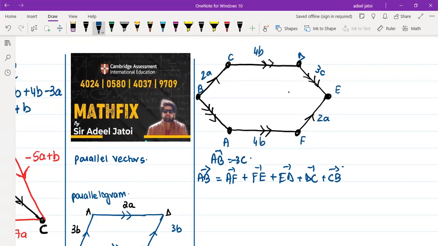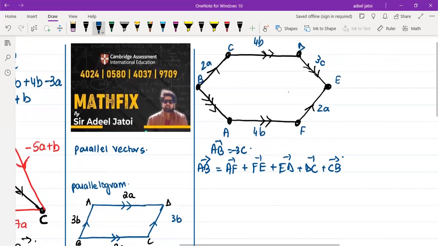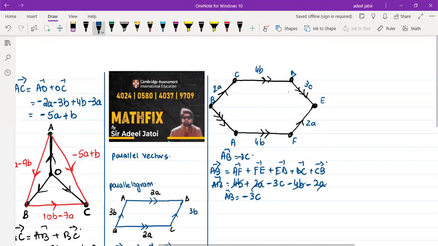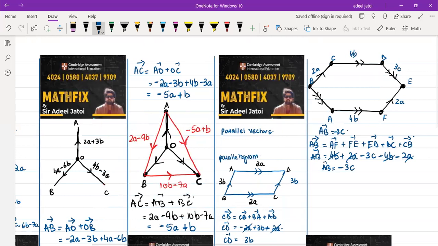This is the route that I have created. So this is going to be 4B plus 2A minus 3C, negative 4B, negative 2A. So 4B cancels out, 2A cancels. So AB is what? Negative 3C.